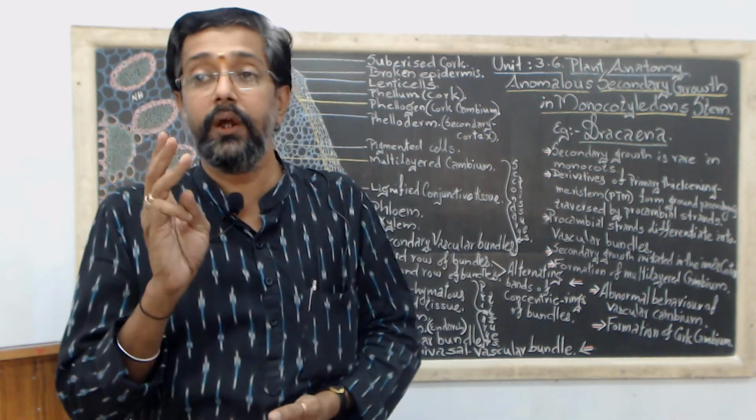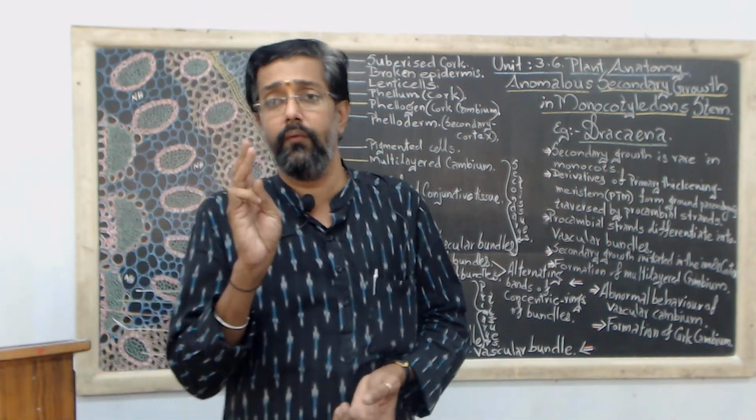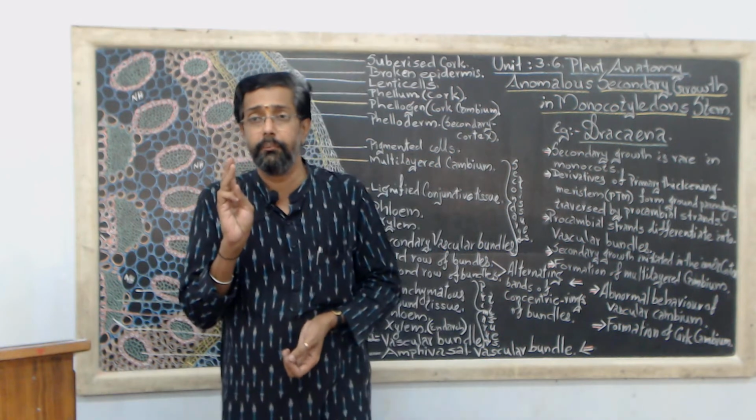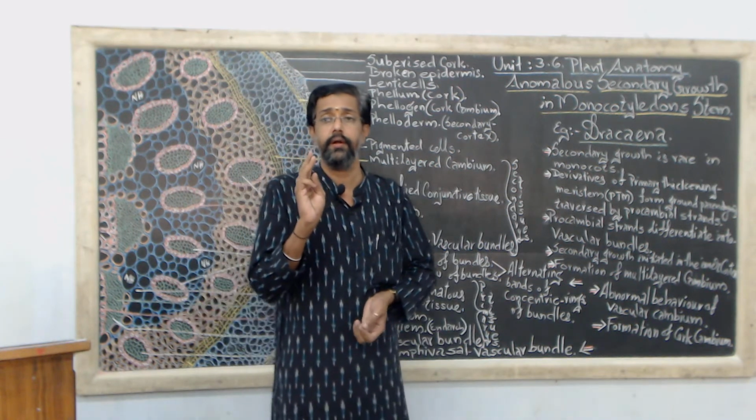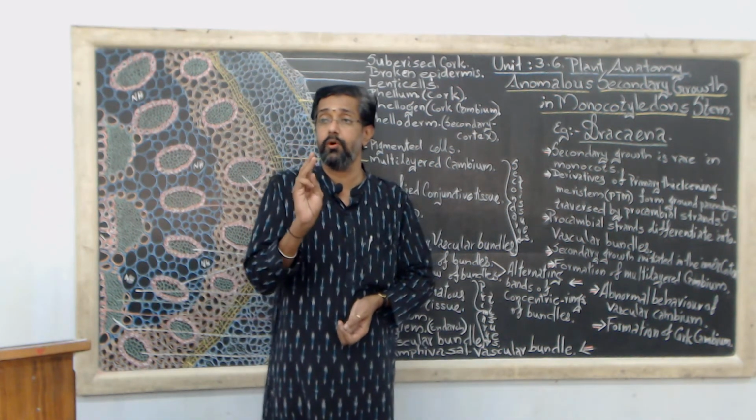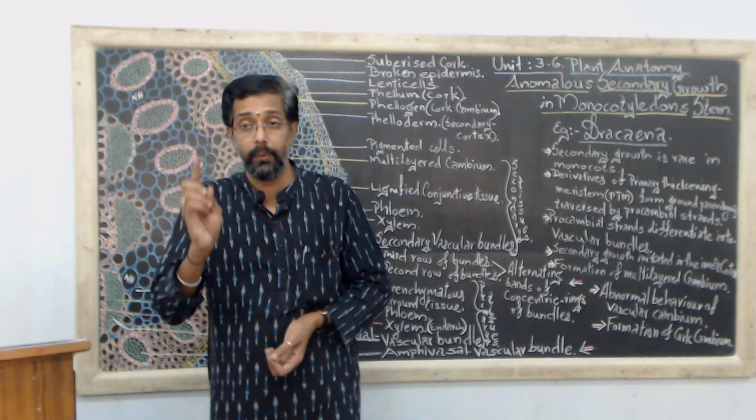So, there are three stages of anomalous secondary growth in Dracaena, this monocotyledonous plant. We can remember that.